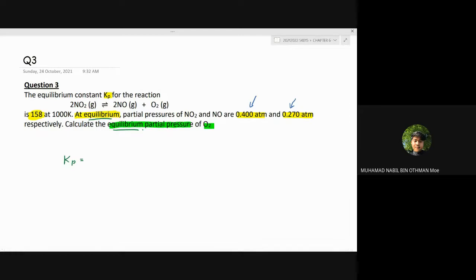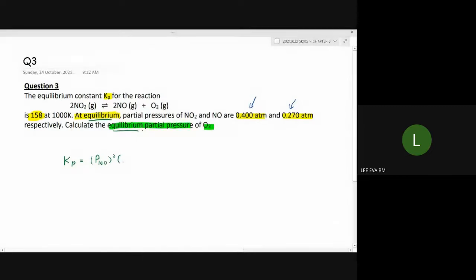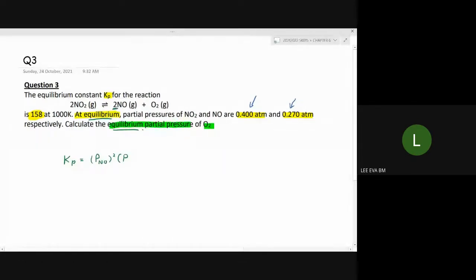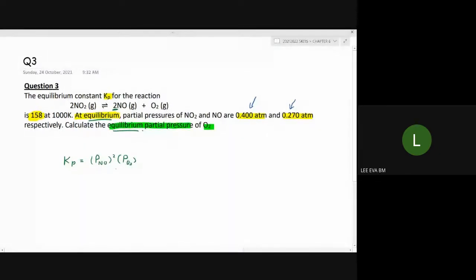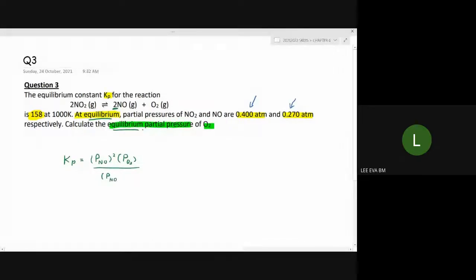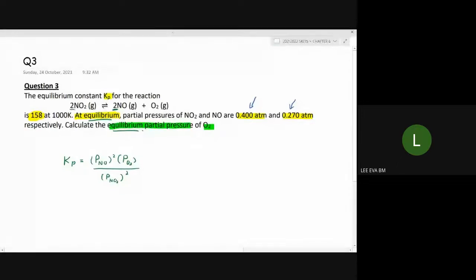PNO to the power of 2, PO2 over PNO2 bracket. Very good. So we have partial pressure of NO raised to the power 2, and then oxygen, because coefficient is 1, so pressure of oxygen raised to the power 1, you don't have to write. And then partial pressure of your reactant NO2 raised to the power of 2 as well.